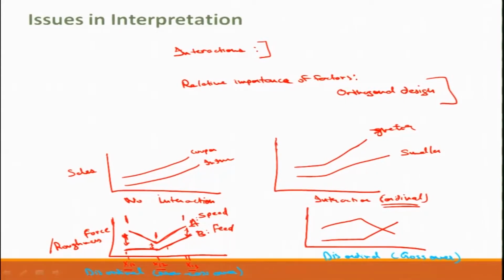It is disordinal and also we have crossover here, it is crossing. So these transient behaviors can be like this as well.